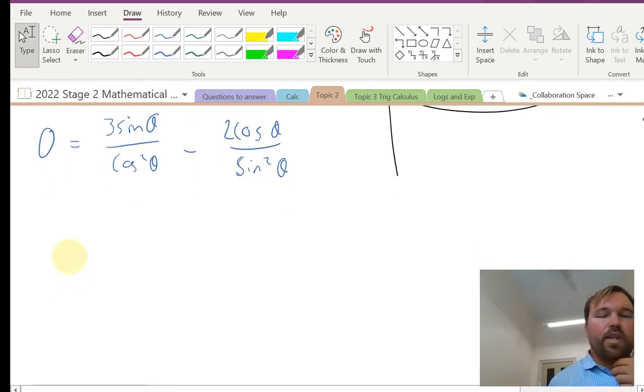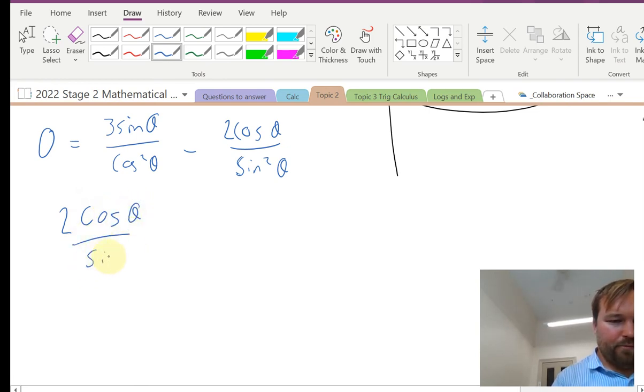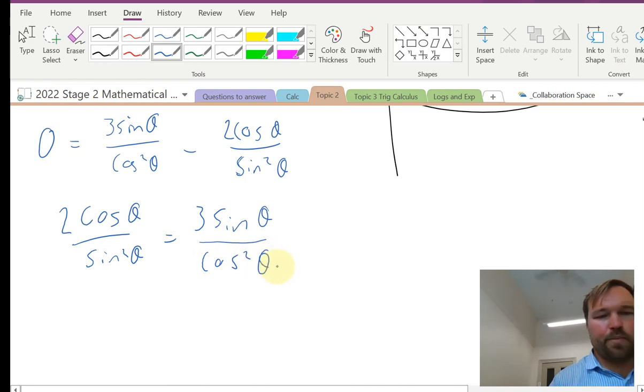Alright, at this point, you can have a couple of different things. I would add the right-hand term to the left-hand side to make this 2 cos theta on sine squared theta equals 3 sine theta on cos squared theta.